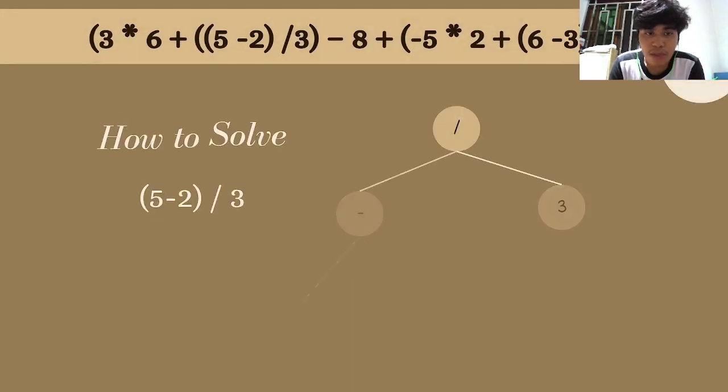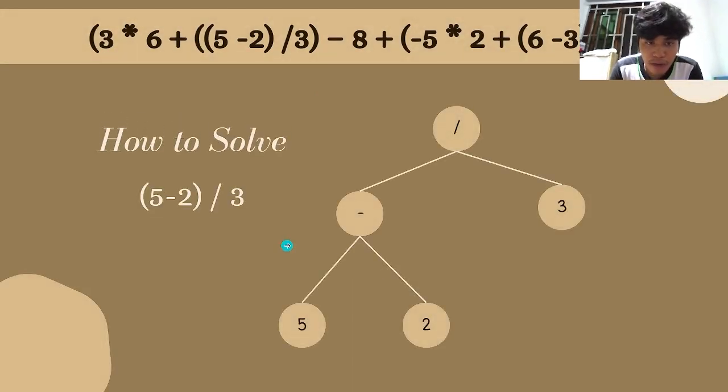Now we ask, what if we have another operator here? Now we have two expressions: a binomial and a constant. We just look once again at what is the operator between the two expressions, and that is the divisor here, the divide operation. So that is going to be our root node or parent node.